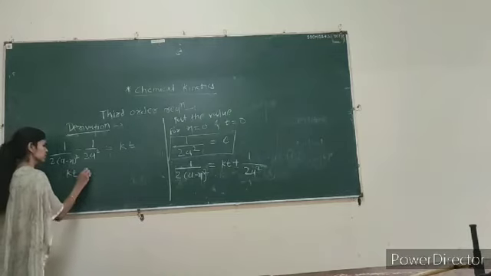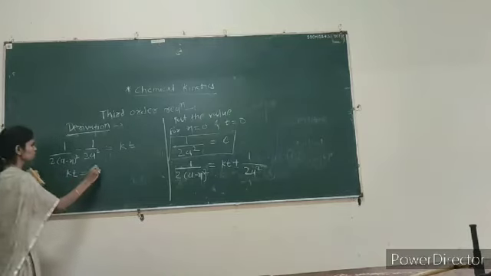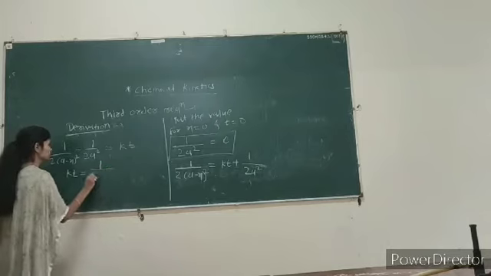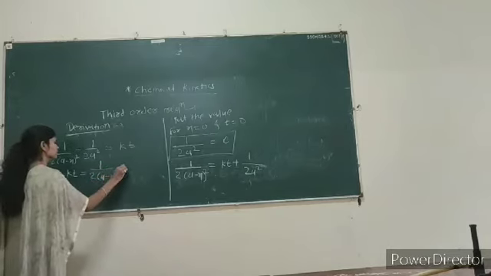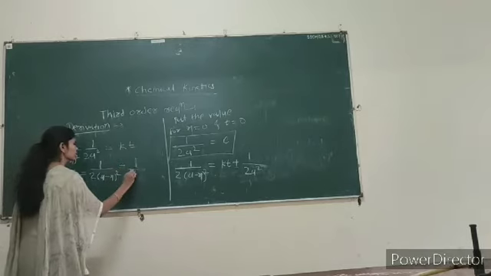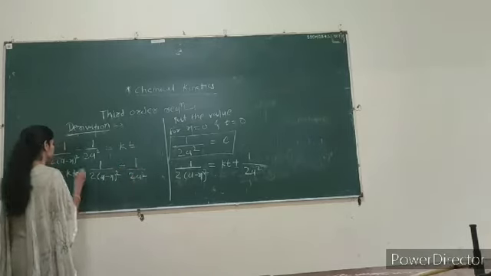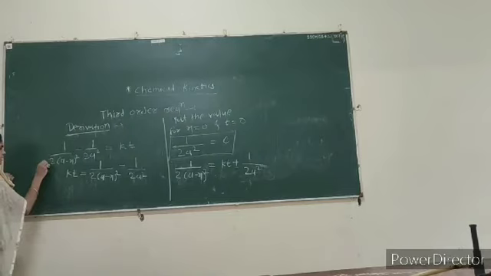For simplicity we write kt is equal to 1 upon 2(a minus x) squared minus 1 upon 2a squared.